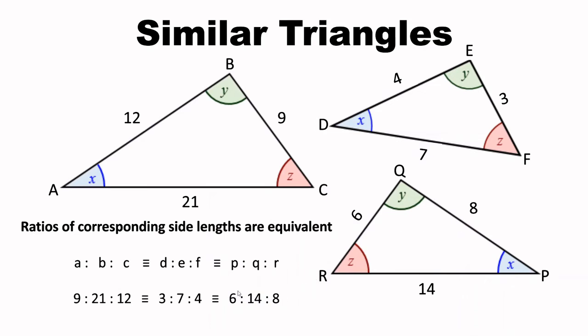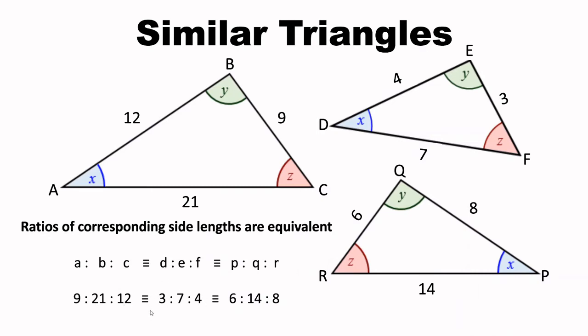Now I'm not saying that these are equal. Note this equal sign's got 3 lines to it. That doesn't mean they're equal, it means they're equivalent. That means I could simplify each of these ratios and they would simplify to the same equivalent ratio. Look at the first ratio. All 3 values there could be divided by 3. 9 divided by 3 is 3, 21 divided by 3 is 7, and 12 divided by 3 is 4.